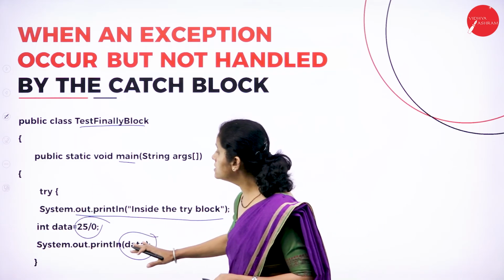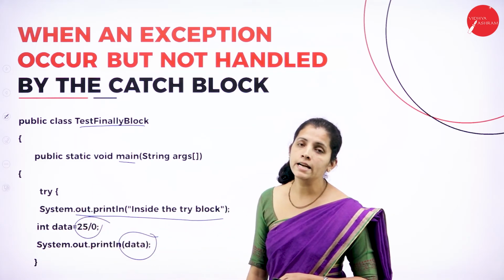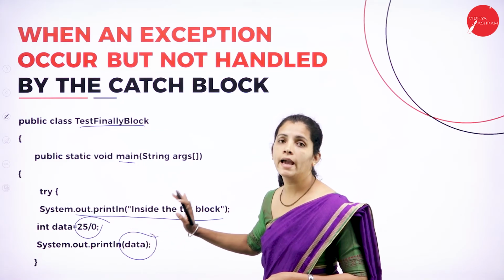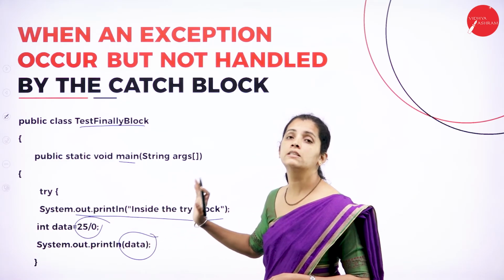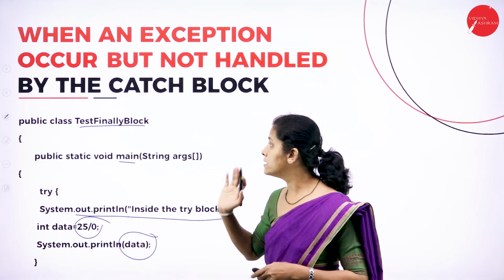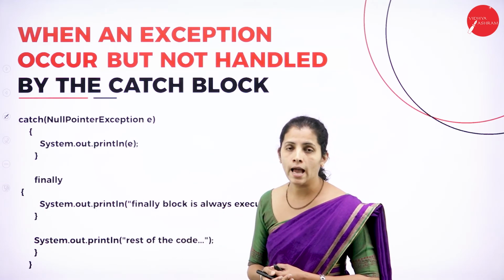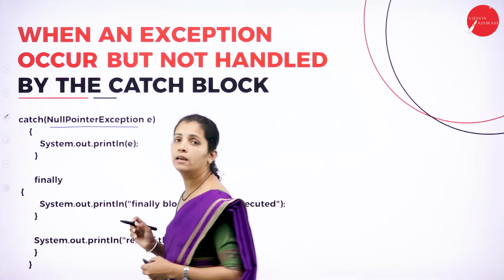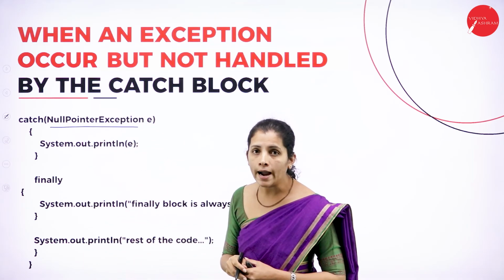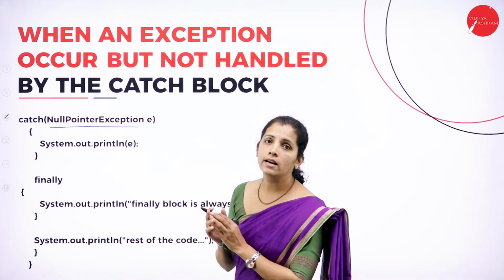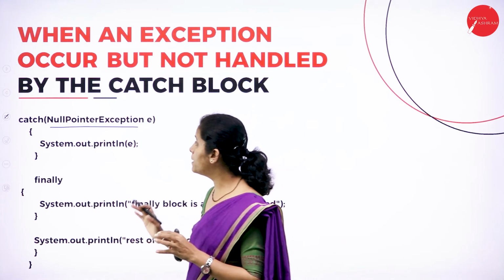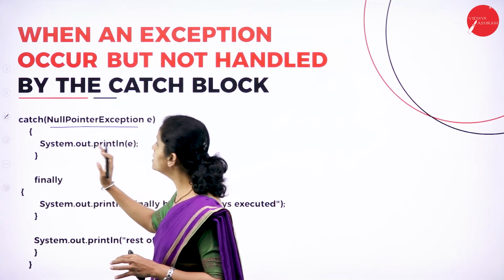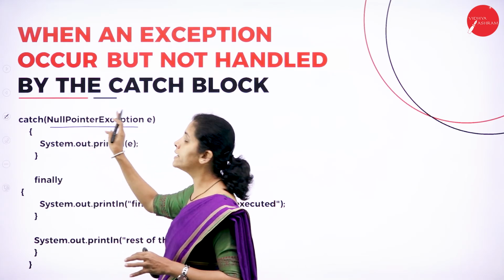Now this 25 divided by 0 is going to generate an error. And what kind of error? It is an arithmetic error. But if I consider my program here, I don't have any arithmetic exception catch. And these kinds of errors are not handled by the catch block, because here I have written only null pointer exception.